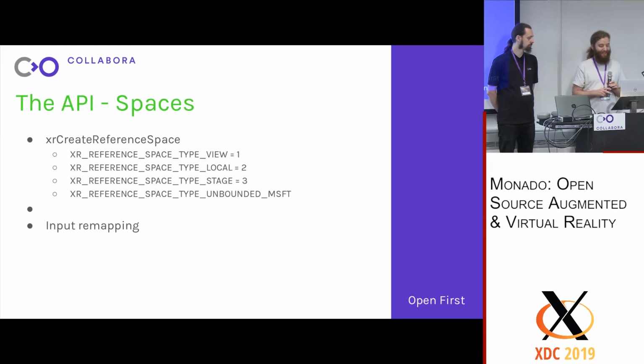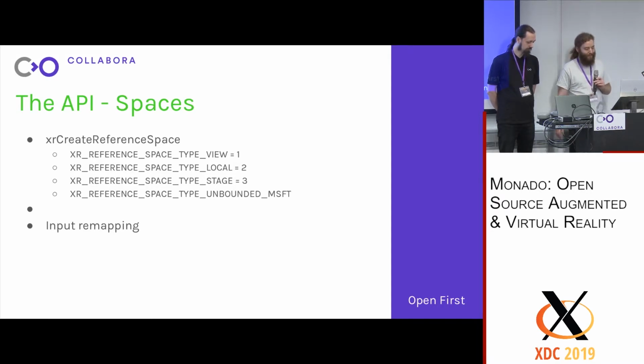So you need at least two spaces, and then basically your HMD represents one space, and your room represents one space, and your HMD moves relative to a room. So the view space, XR reference space type view, represents the HMD, and local or stage space represent the room. So your view space moves through the local or stage space.